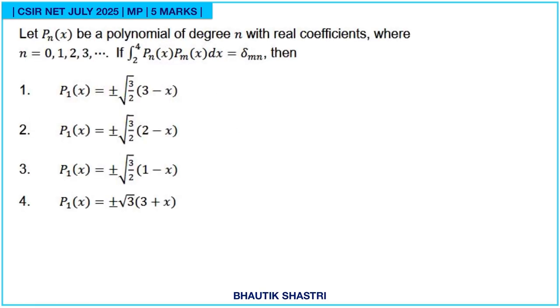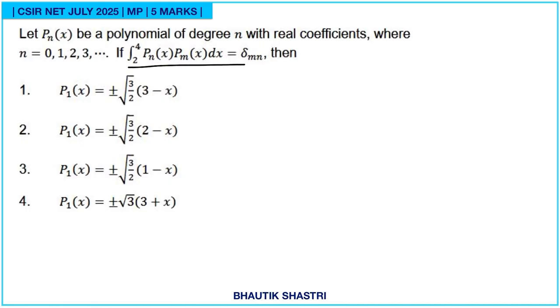Next question. Let Pn(x) be a polynomial of degree n with real coefficients, where n is 0, 1, 2, 3 and so on. If the integral from 2 to 4 of Pn(x) Pm(x) dx is delta mn, then we want to find out P1(x). Let's first find out P0(x).